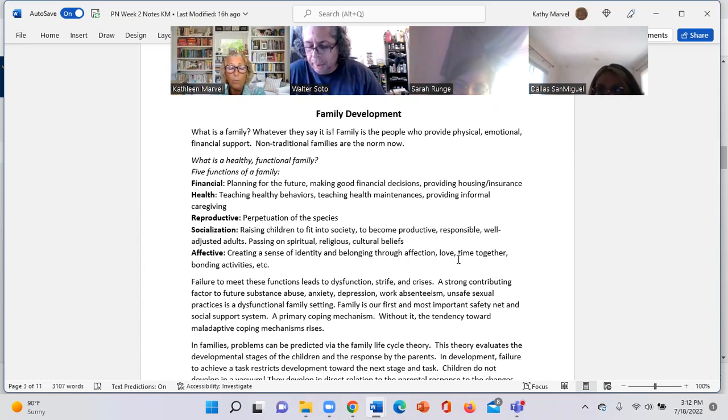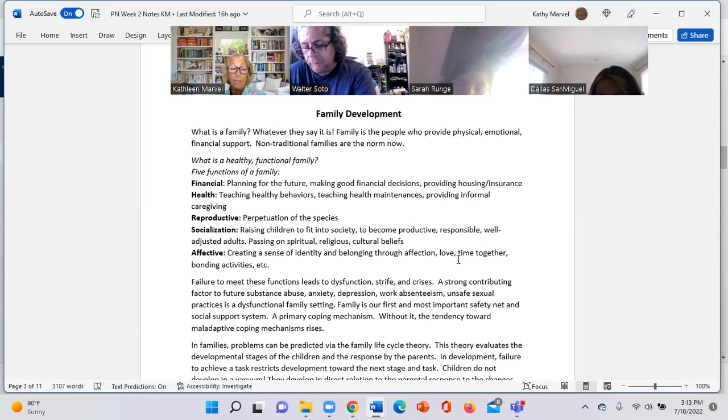So for example, for financial: planning for the future, making good financial decisions, providing housing and insurance, that's an indication of a healthy, functional family. Health: teaching healthy behaviors, teaching health maintenance, providing informal caregiving. These are the 5 categories that describe what makes up a healthy or unhealthy family.